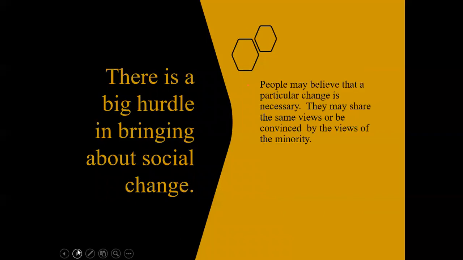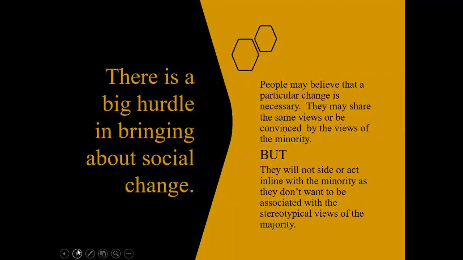And even though they are convinced by the minority or they have the same views, the minority represents a type of person. And this could be a problem because there could be stereotypical views of that individual. And therefore they will not act or side publicly with that of the minority because they just don't want to be associated with these stereotypical views.